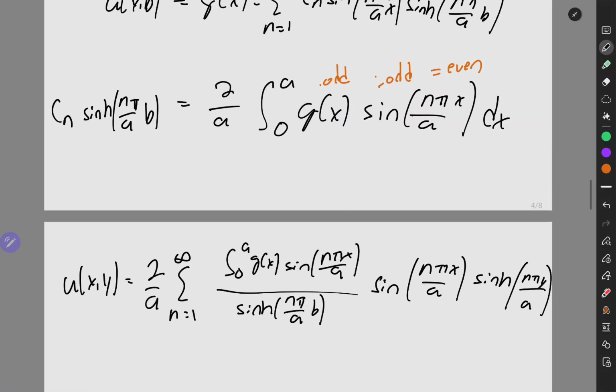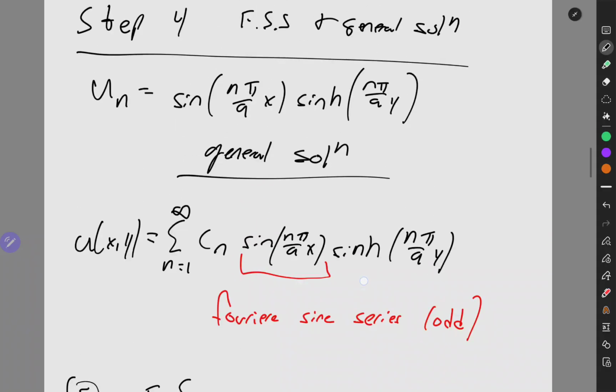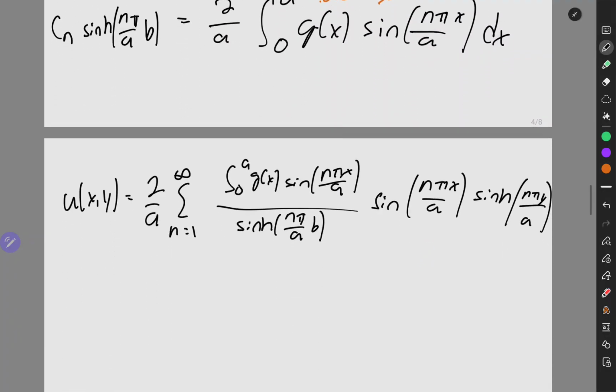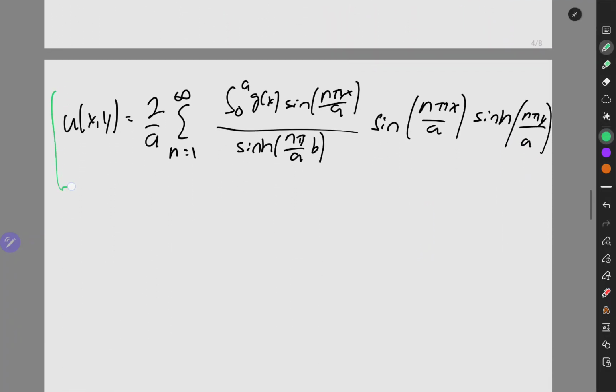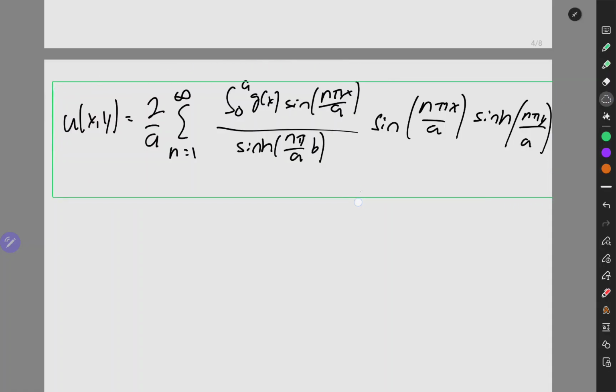Alright, so I just plugged c of n into our general solution. This is our final answer. Well, unless given a g of x, but I'm going to skip that part.